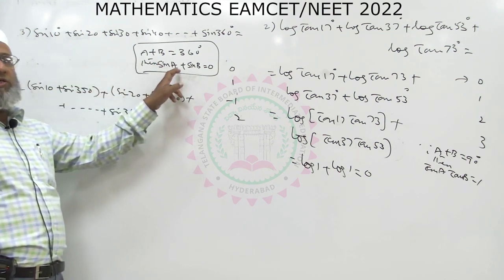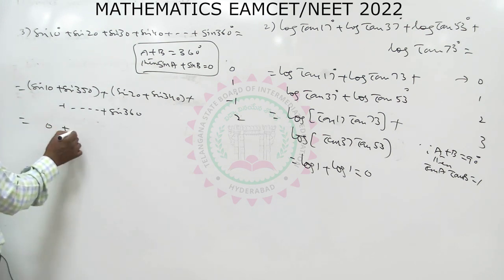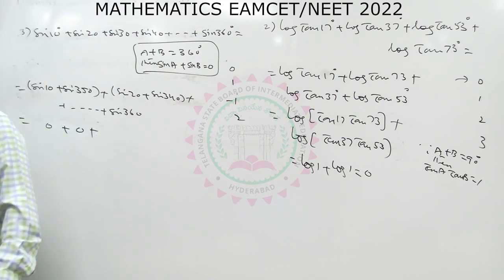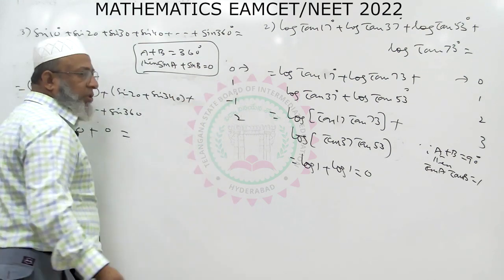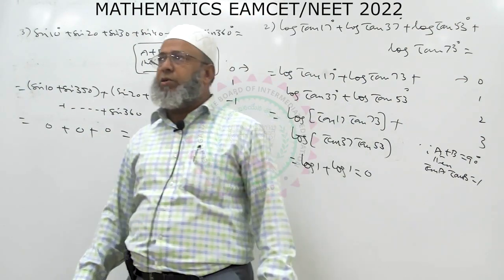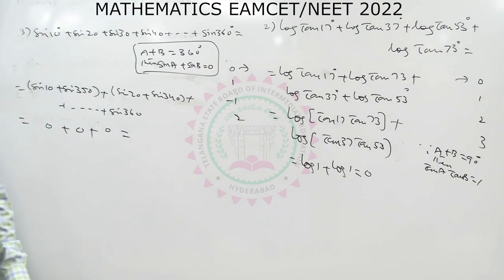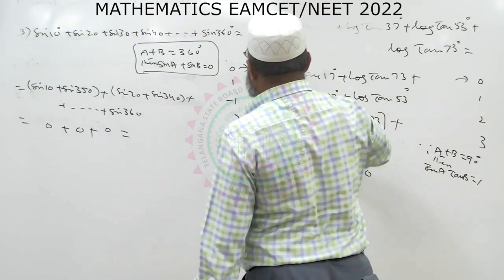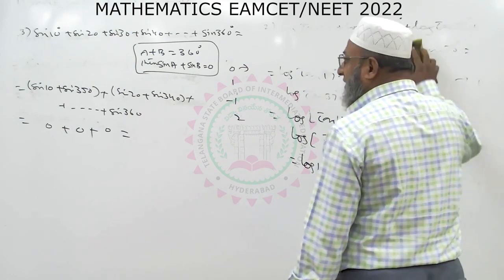That is satisfying the condition for sin A plus sin B. Therefore, this answer is 0. Now, sin 360 is nothing but 0, right? Therefore, the answer is 0. Is it clear? So, if you remember the shortcut formula, then easily you can solve the question within seconds.